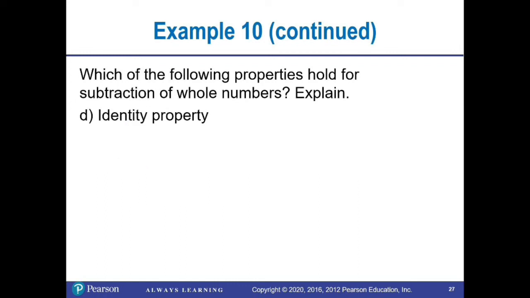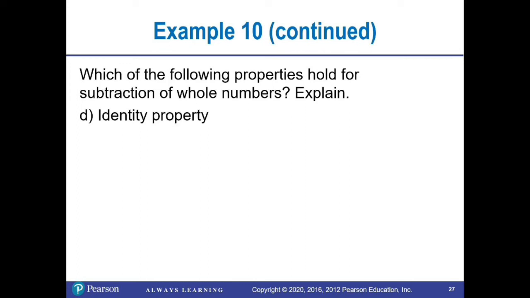Finally, let's talk about the identity property. If you remember from section 3.2, 0 was our identity for addition, because 0 plus 5 is 5, or I could say 5 plus 0 is 5, and 0 is that identity because when I add it to anything, I get that anything that I started with.